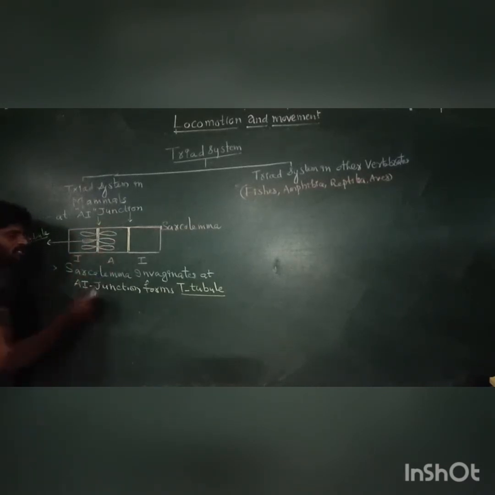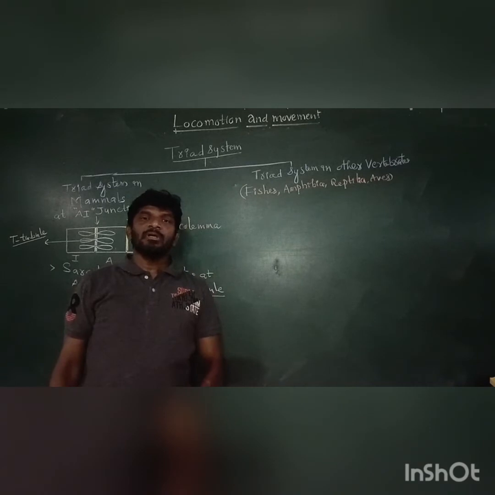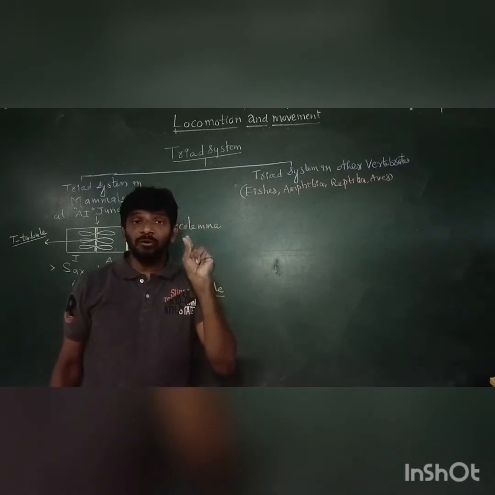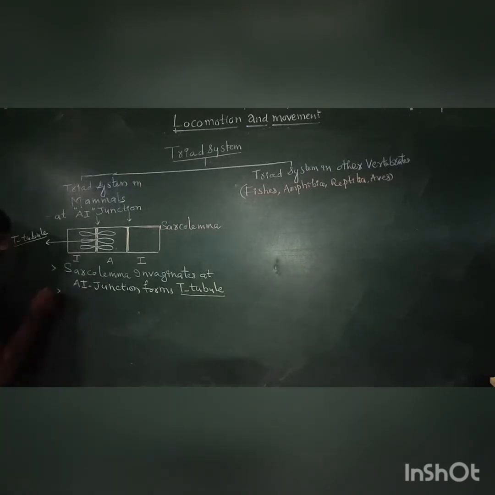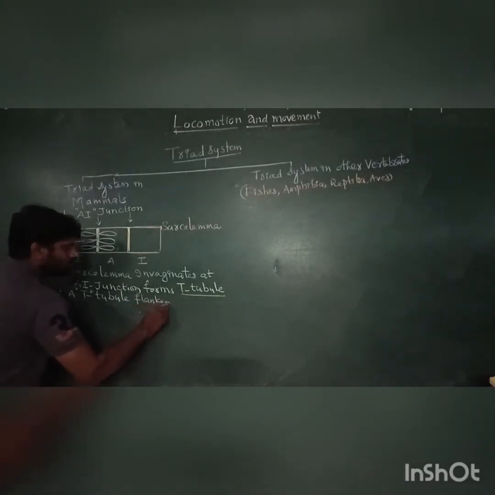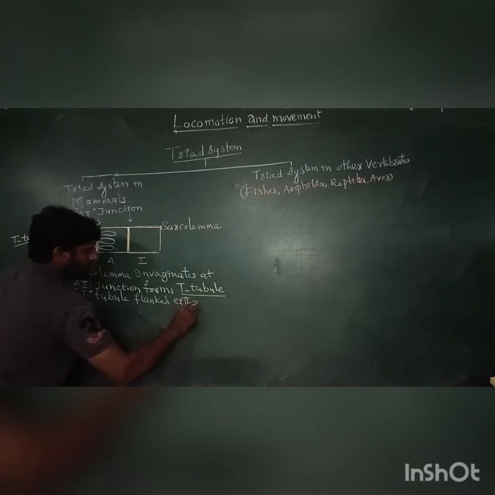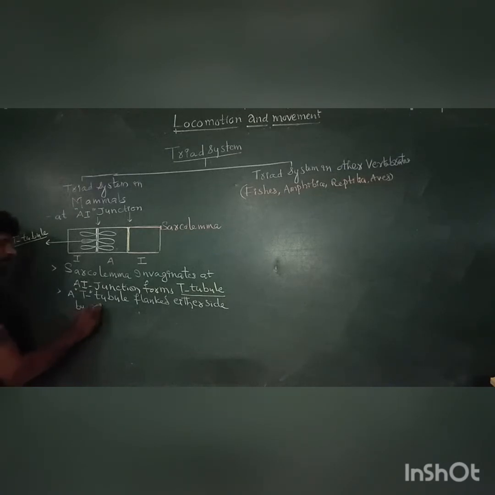Here, the number of triads is 2, the number of T tubules is 2, and the number of terminal cisternae is also 2, because they are shared between sarcomeres.